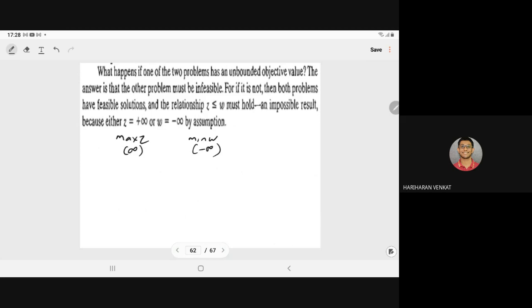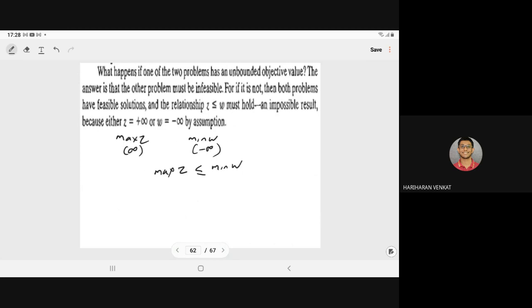In general what you know, by the duality theorem, maximize z is always less than or equal to minimize w. Means the objective function of the minimum problem is always an upper bound of the objective function of the maximization problem.